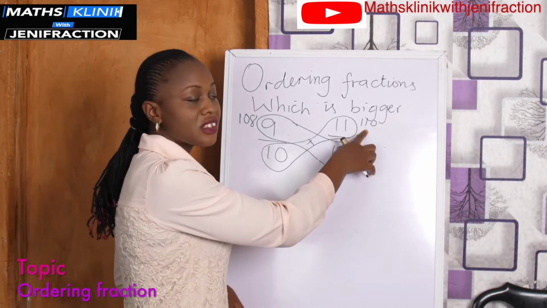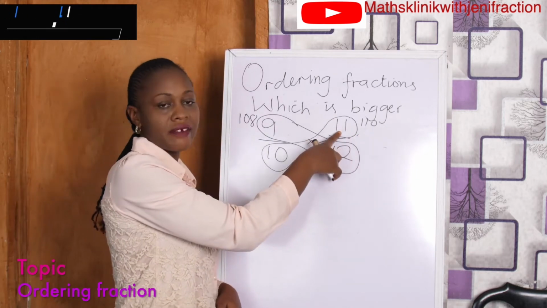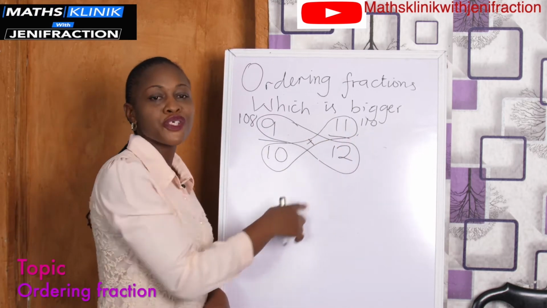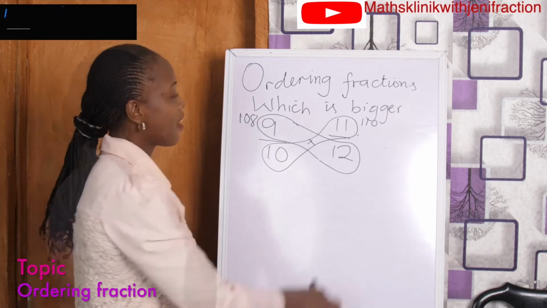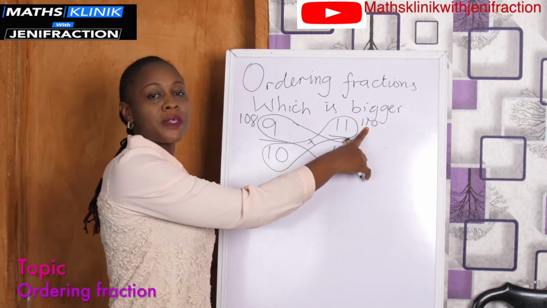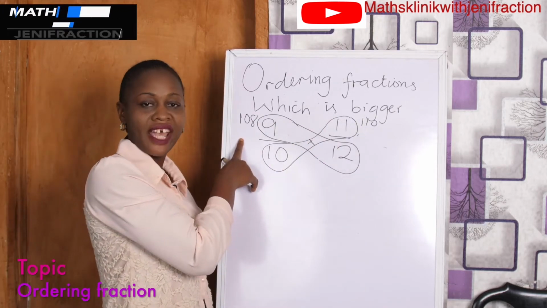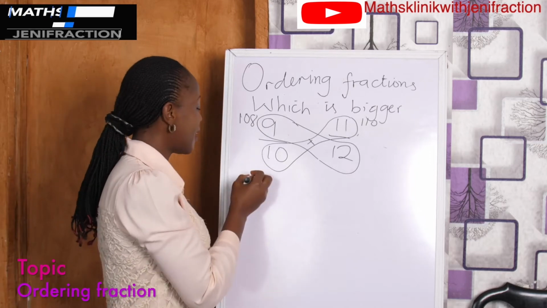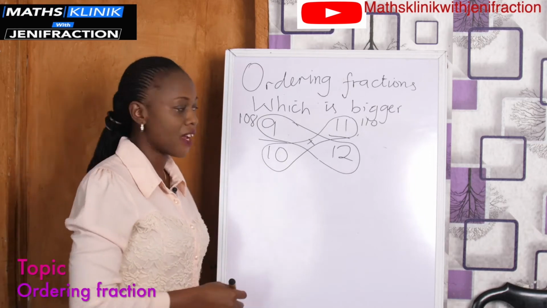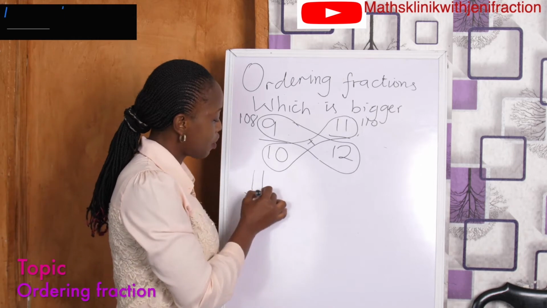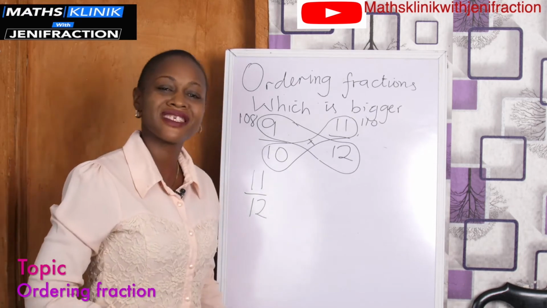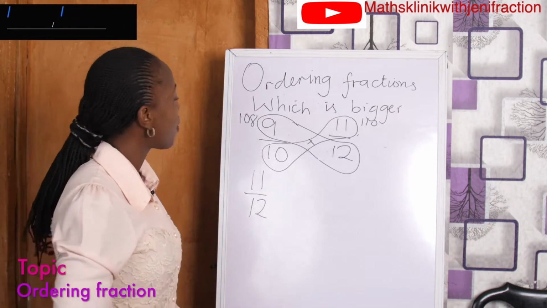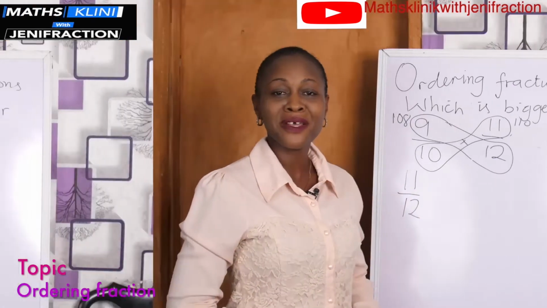And I have 110 for 11 over 12. So which is bigger? 110 is bigger than 108. So the bigger fraction is 11 over 12. Very simple and short. I'll call it the butterfly method.